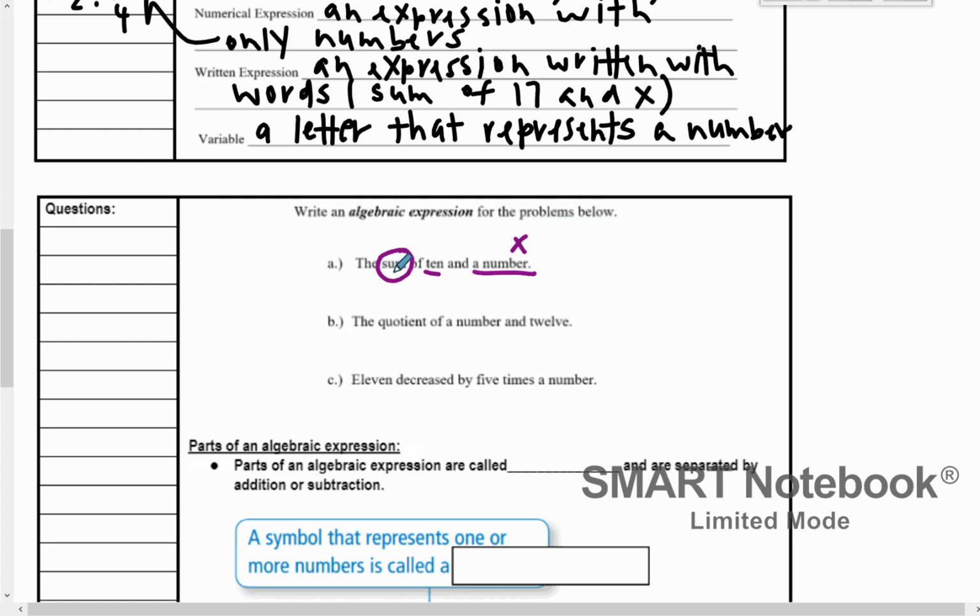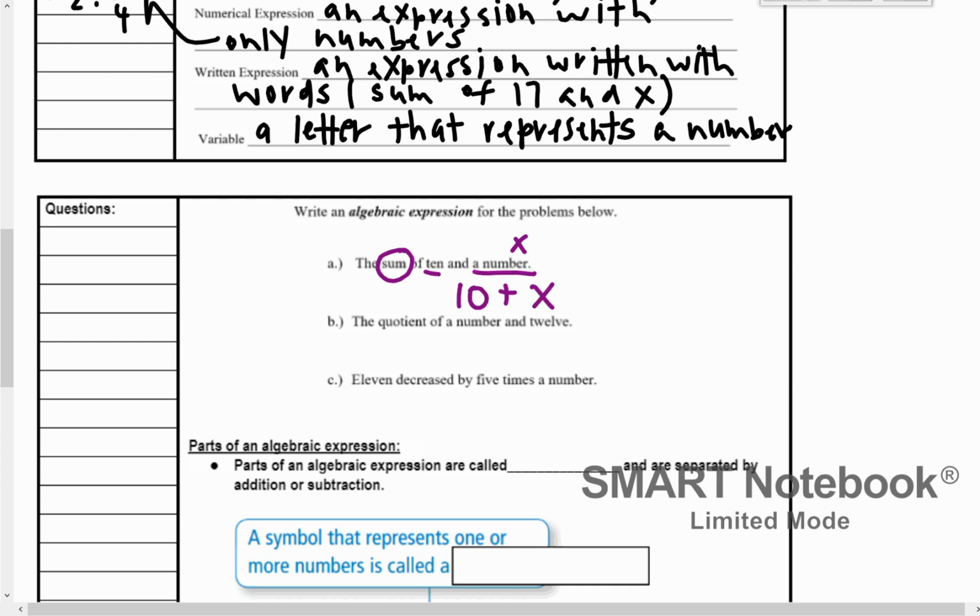Okay, so sum means add of 10 and x. So we're going to have a 10 and an x. Sum is the answer to an addition problem. So the sum of 10 and a number is 10 plus x. And that's our answer. We don't know what x is equal to, so we can't solve it. We can't say x is 23. We don't know that. Okay, it's a sum of 10 and a number.